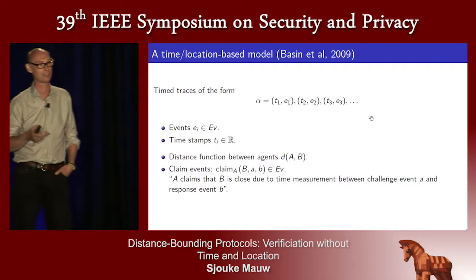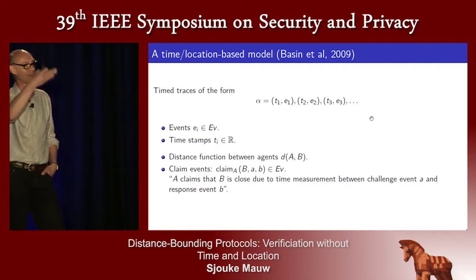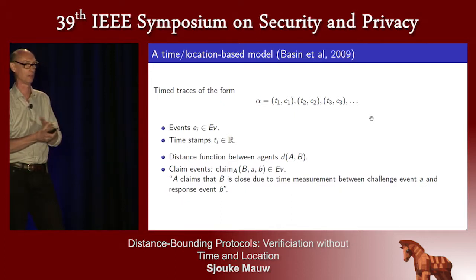These claim events state, at the end of the behavior of the reader, that the reader has checked 2 things. One, the authentication is correct, so the response was indeed related to the challenge. And second, it was fast enough to be within this distance d that you expect. So those are the 2 things that are stated in a claim.